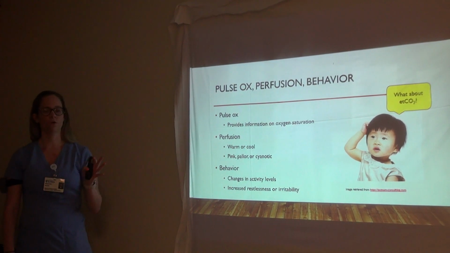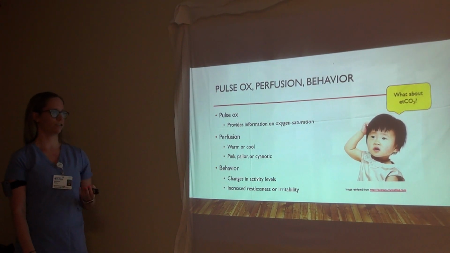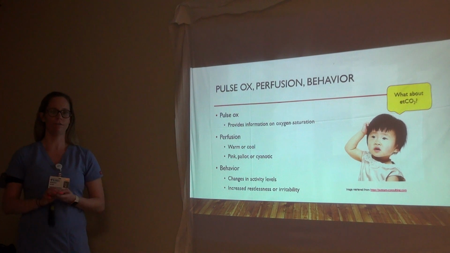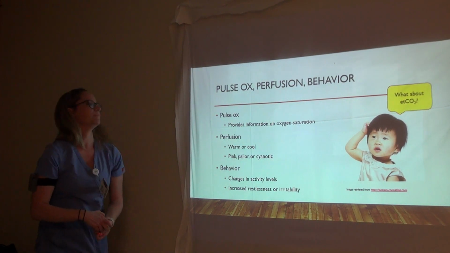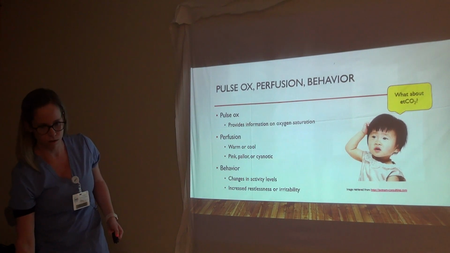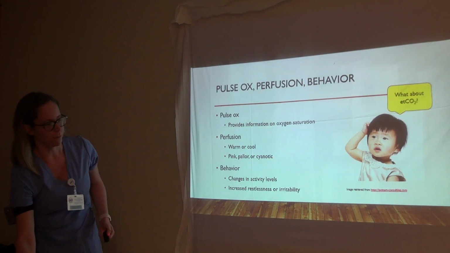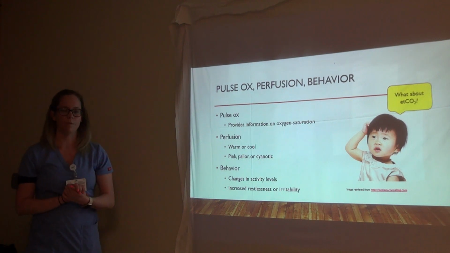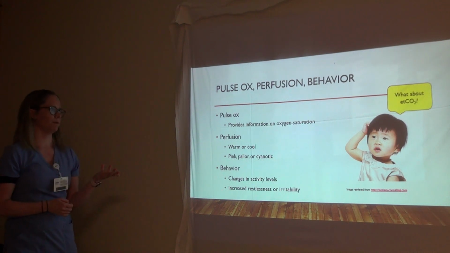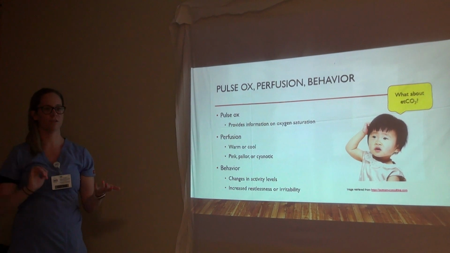And then end tidal CO2. This is important when you have a very acute patient. It's great for checking if the airway is placed. It's essentially the measurement of the CO2 that you're exhaling. It's a sign of ventilation, whereas pulse ox is more of an oxygenation.